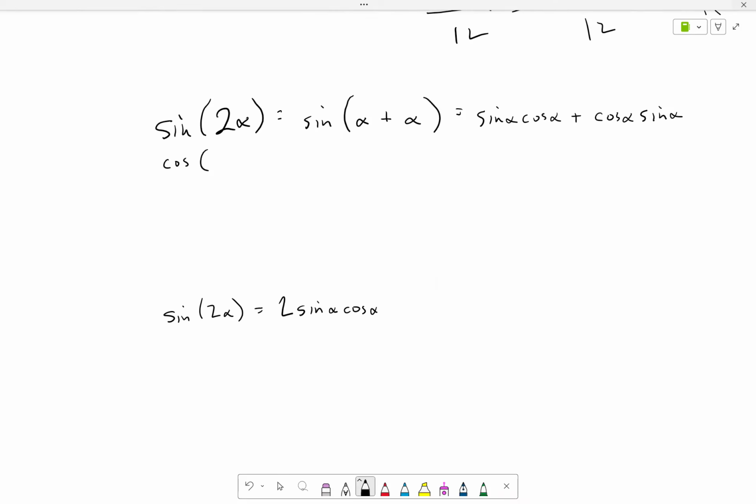Can you also do cosine of 2 alpha, please? Check with the neighbor once you've got an answer.